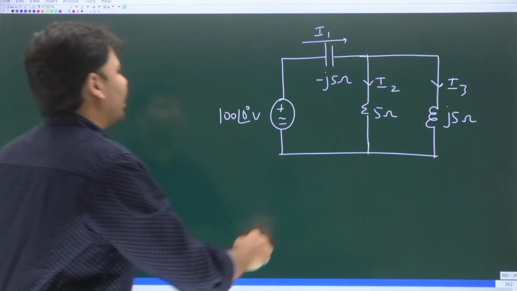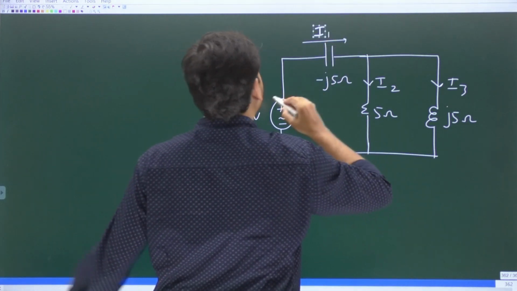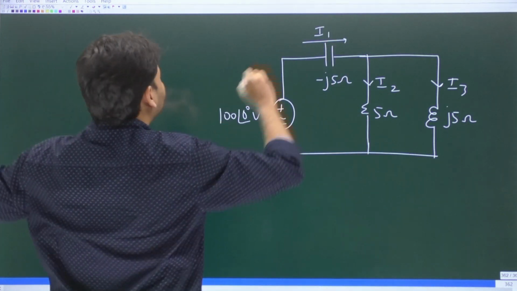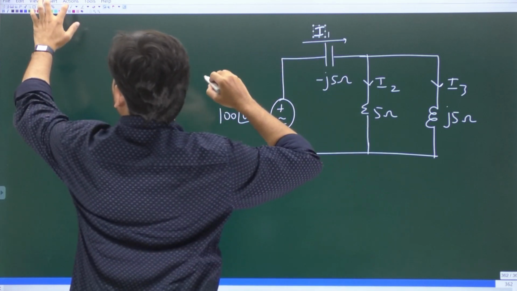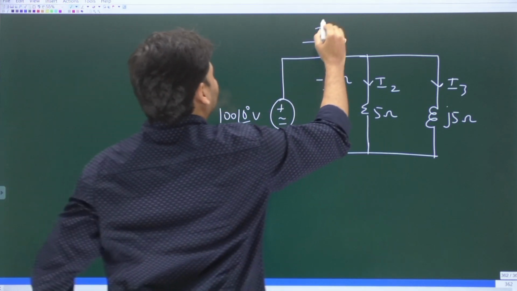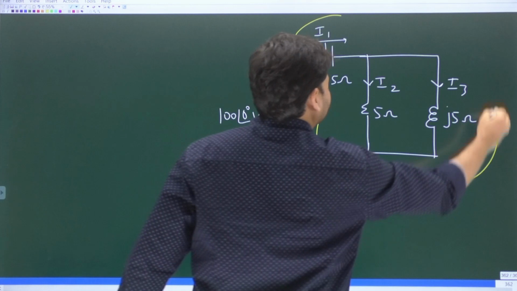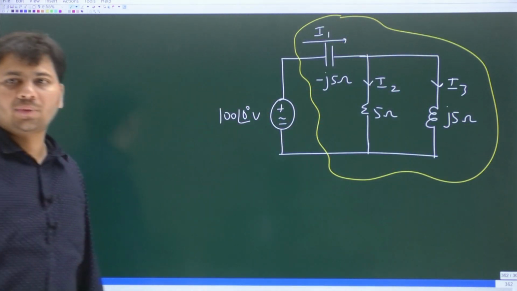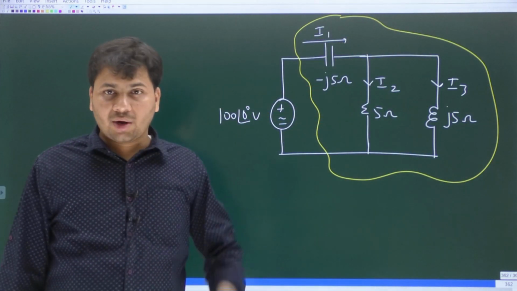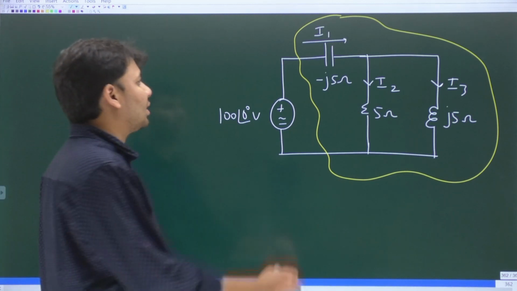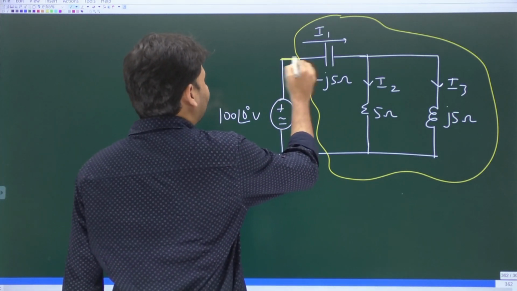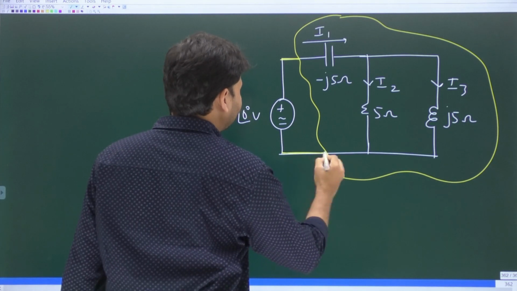So here again you can think of this entire yellow color network as a one port network. Yes, for this yellow color network, this is what, one terminal, this is what, the other terminal.